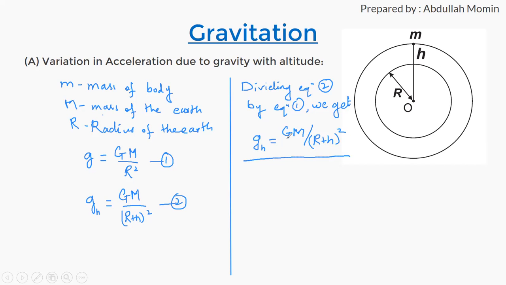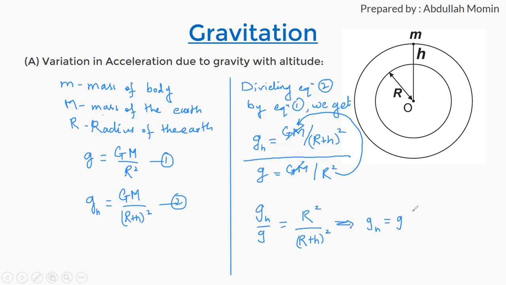So if you cancel these terms and the denominator of the denominator becomes numerator, we will get gh upon g is equal to R square upon R plus h whole square. Or we can write from this equation gh is equal to g R square upon R plus h whole square.